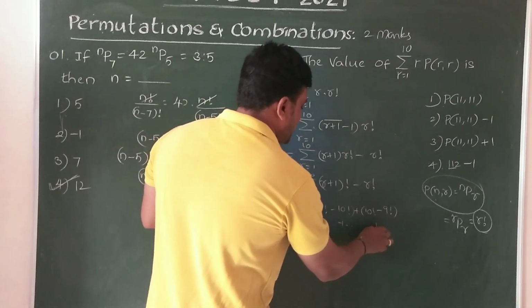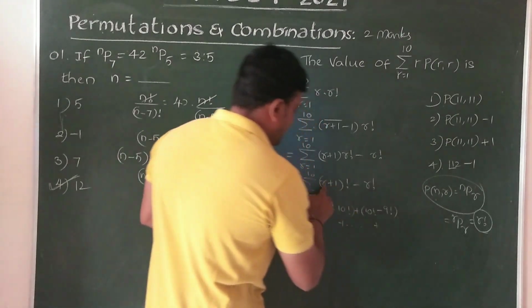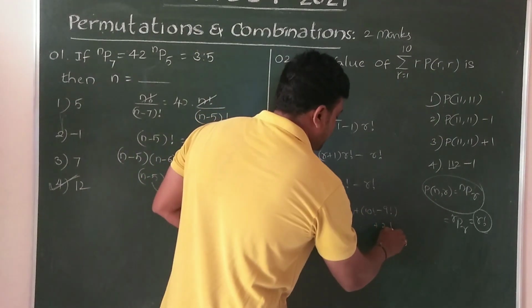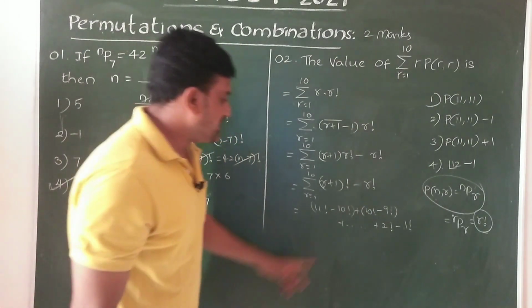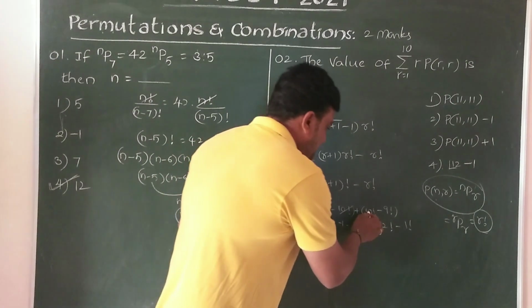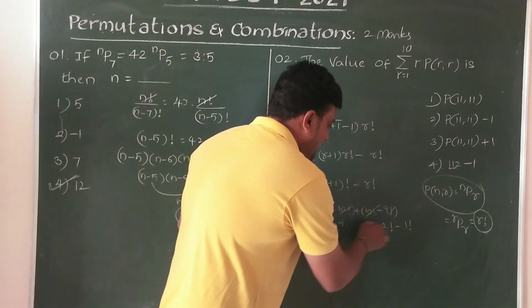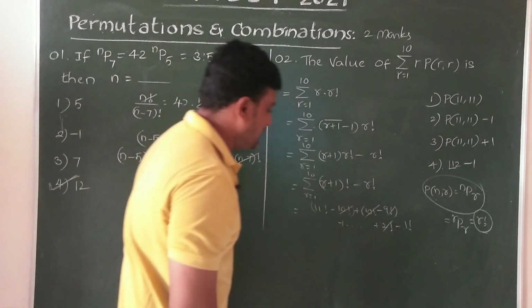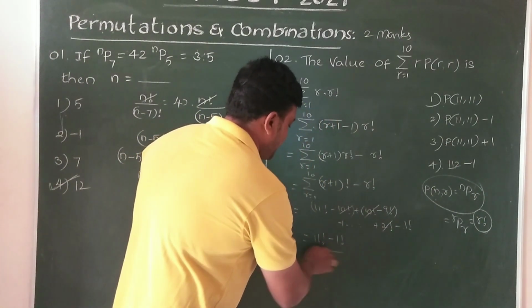Similarly so on, the last one, for r equals 1, is 2 factorial minus 1 factorial. Now observe: the first of the second cancels with the second of the first, yes or no? Like this, all are cancelled. Now remaining is 11 factorial minus 1 factorial.